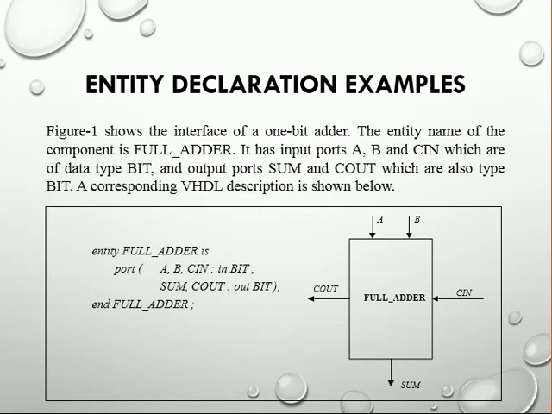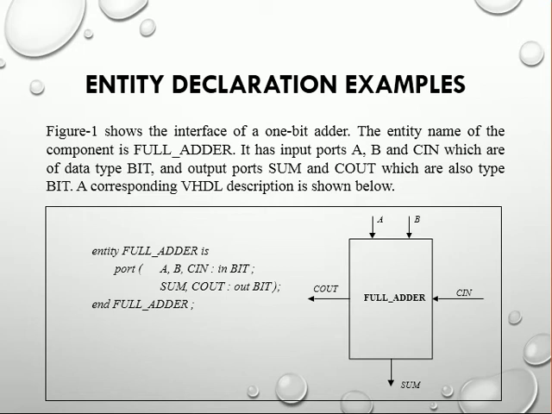So we need to write entity, then we have given the name for this entity as full underscore adder. Then is. So entity full adder is, and then port, in the bracket A comma B comma C in. All these are the input ports. So colon in, and as all these inputs are bit type, that is why we have written bit, semicolon.